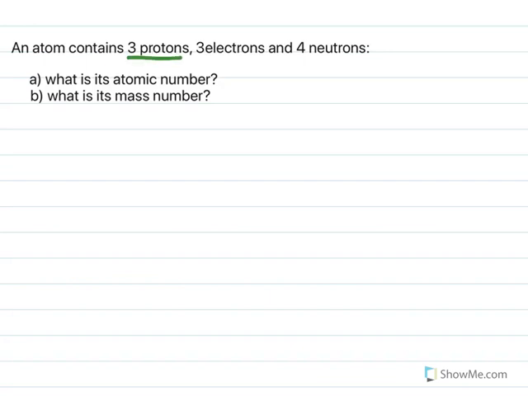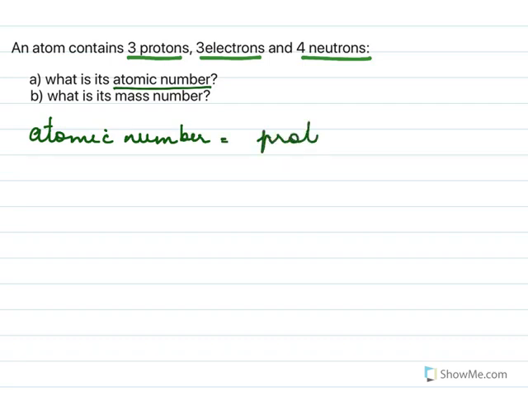An atom contains 3 protons, 3 electrons and 4 neutrons. We need to find its atomic number. We know atomic number equal to number of protons, and number of protons here are 3, so atomic number is 3.